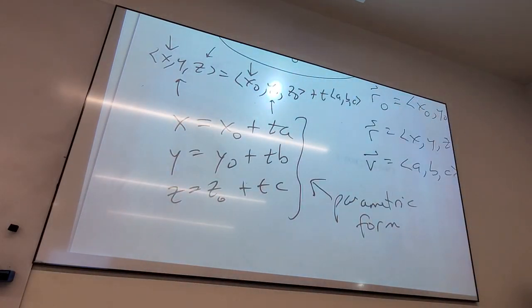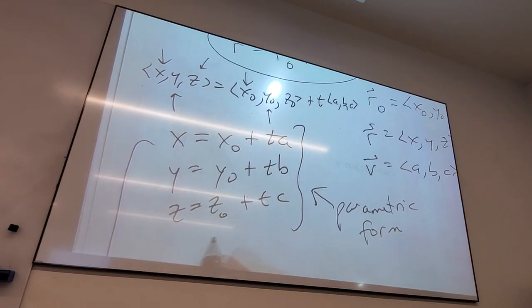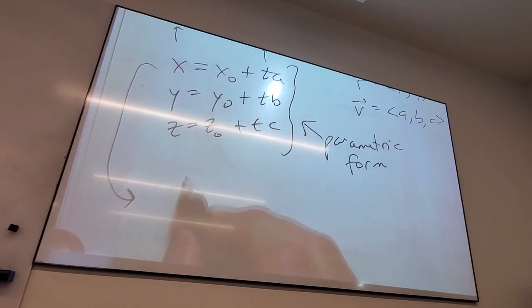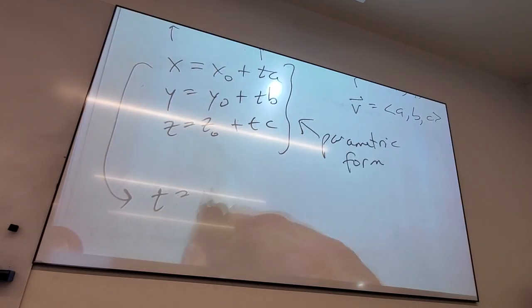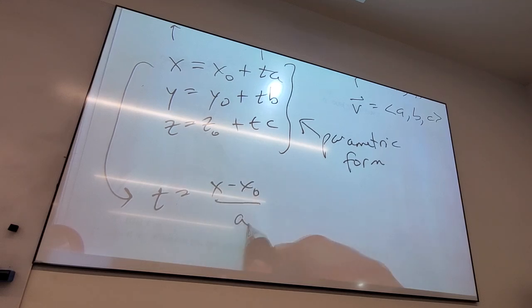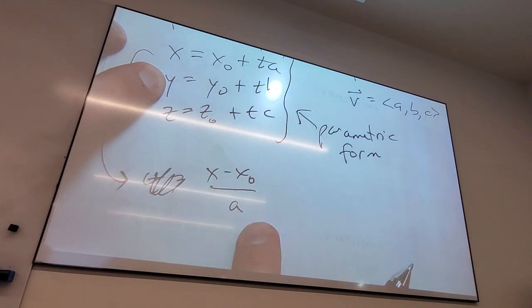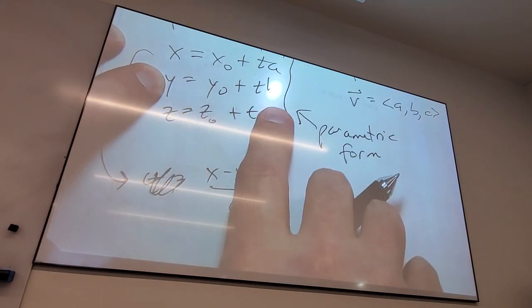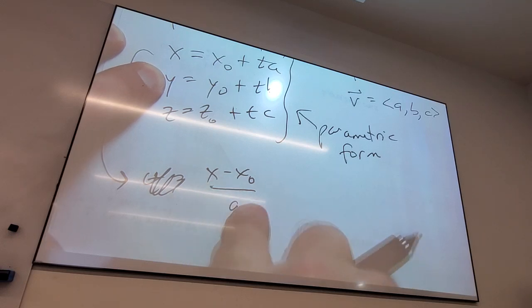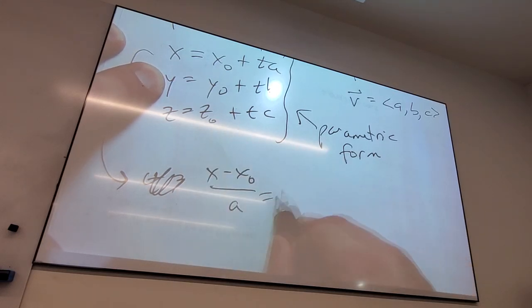Yeah, well, sort of. If I solve the first one for t, what do I get? Yeah, so let me take this away. If I solve the second one for t, it's going to be equal to this because they're both t, correct? So then I can just keep going.